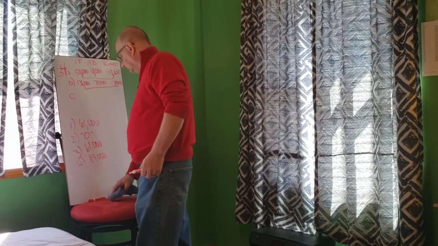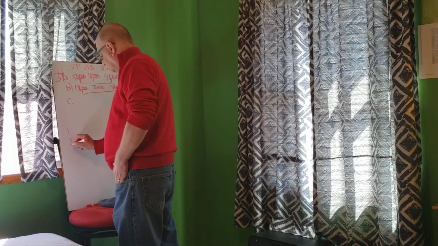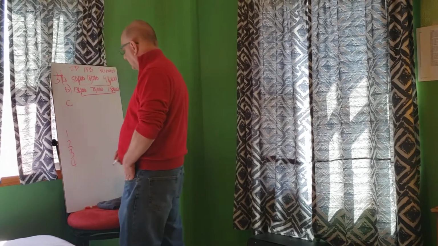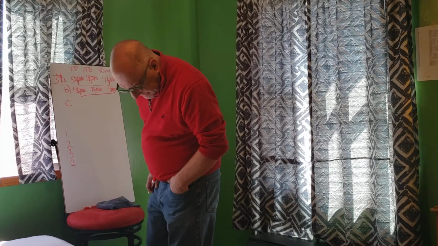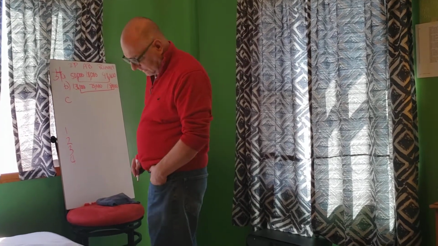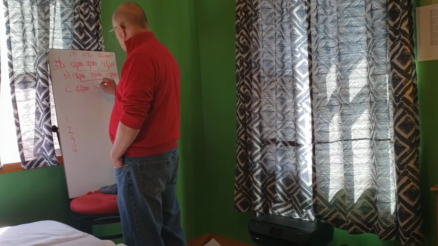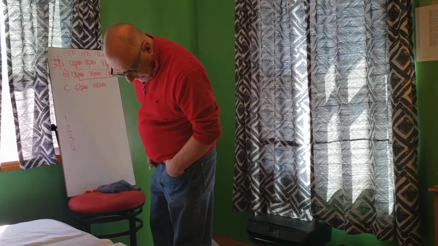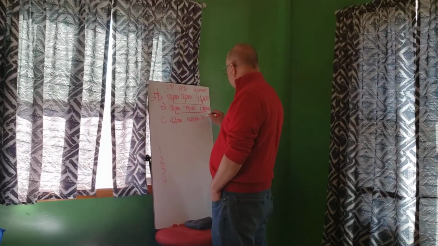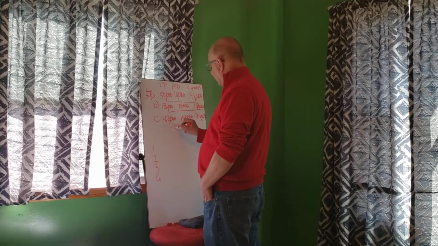C. Speedboat. 82. 102 and 95. This one's easy because there's a loss here of $20,000.